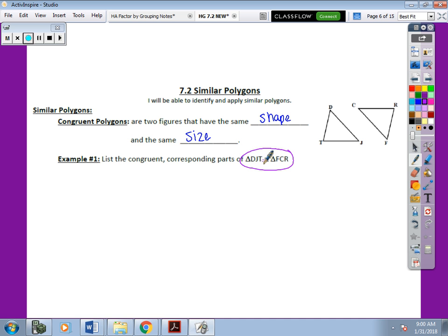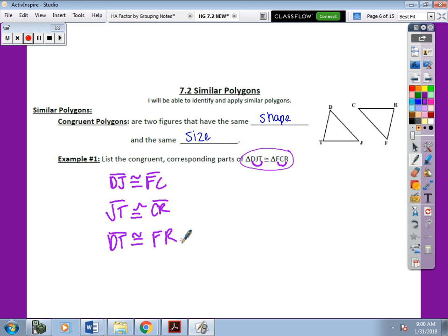So we would say segment DJ is congruent to what segment? Marquise? FC. First two letters, first two letters. Second two letters, second two letters. So JT, congruent to CR. And then you can also do the first and last, which would be DT is congruent to segment FR.